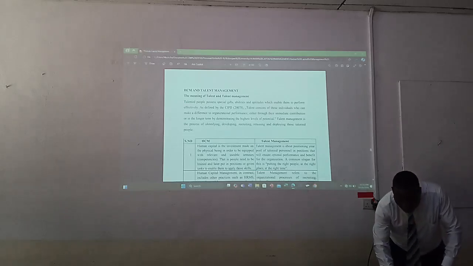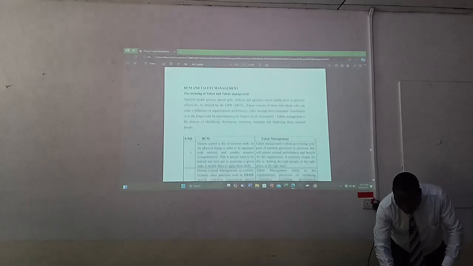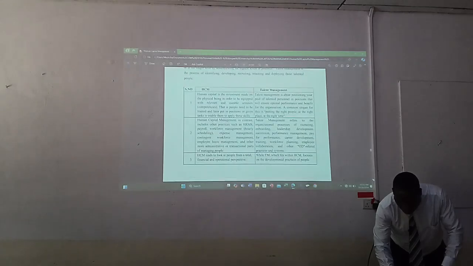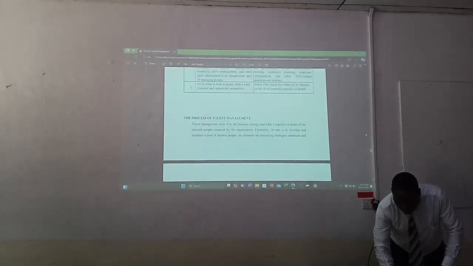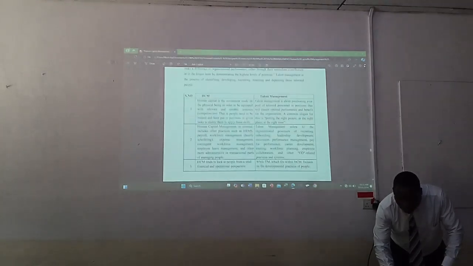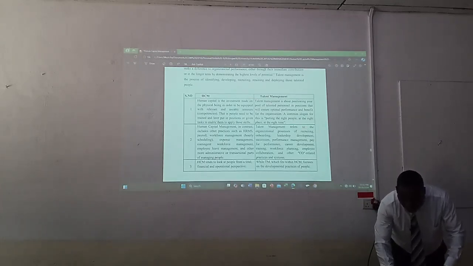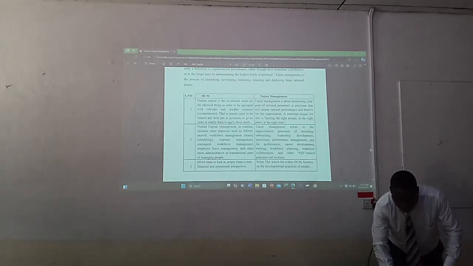Now, let's look at the differences that we can see between human capital management and talent management. I will look only for those; there are only a few anyway. Number one, human capital is the investment made on the physical being in order to be equipped with relevant and usable armors.